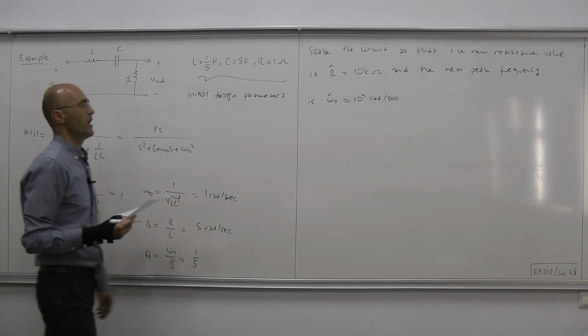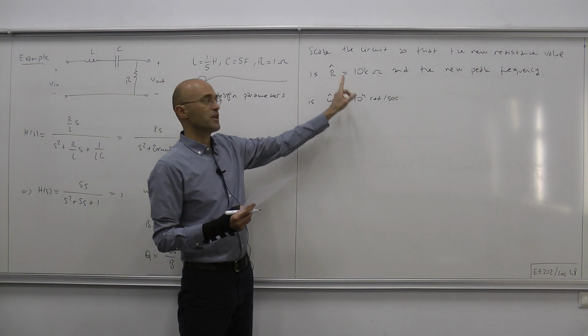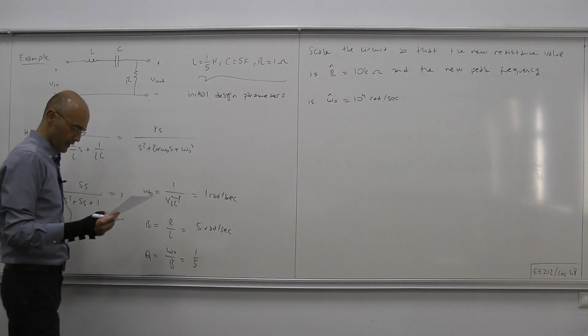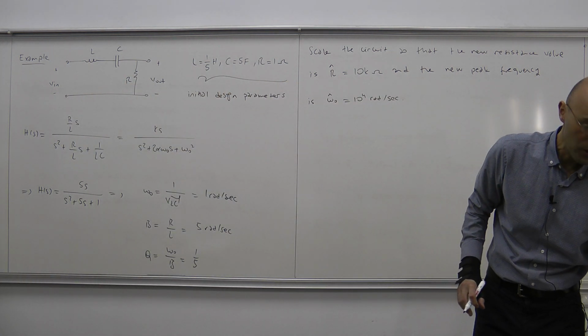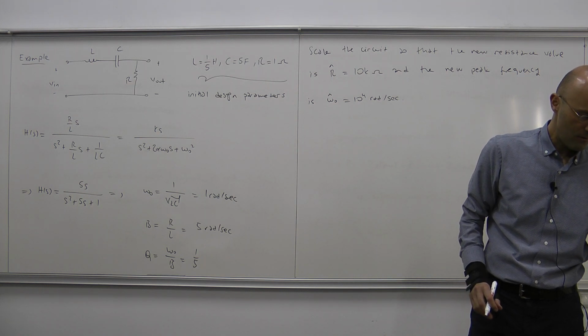So we have to do both magnitude scaling and frequency scaling. Let's do it, but in order to be able to do it, we have to figure out the scaling factors.